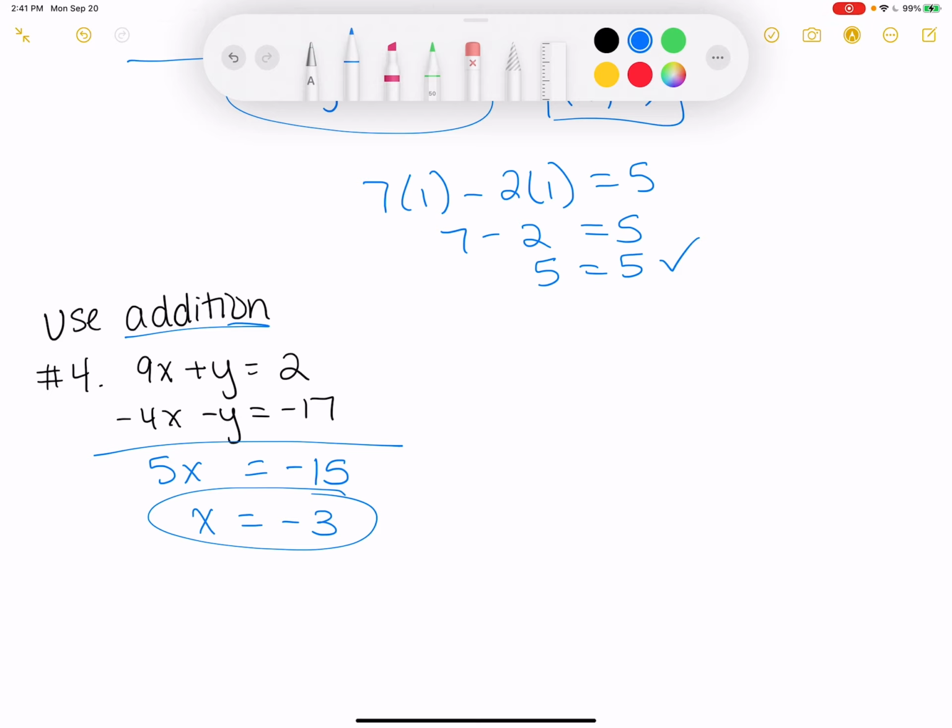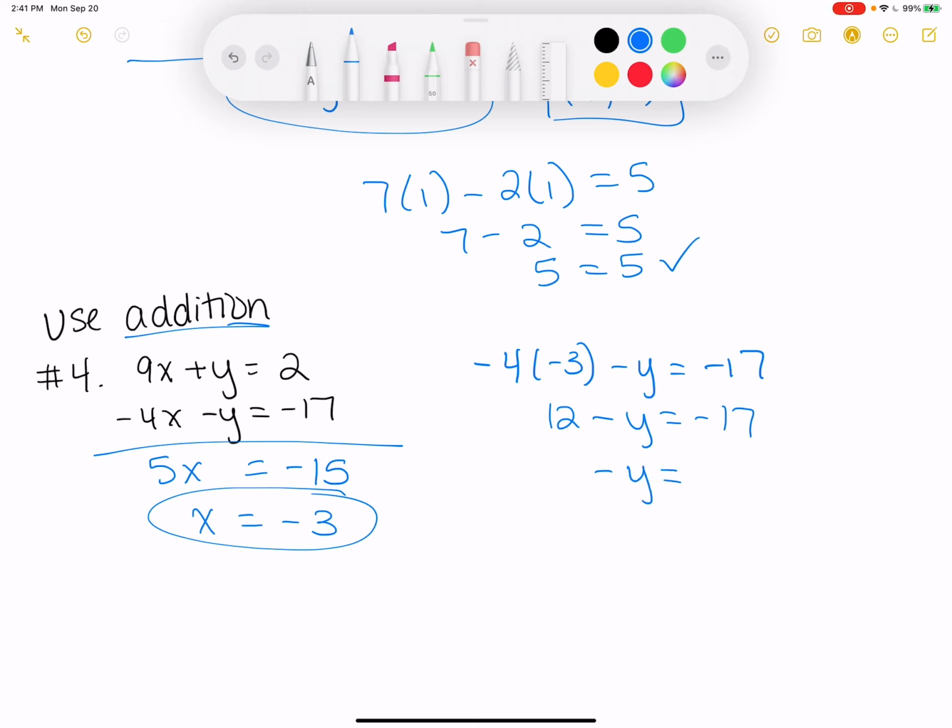And which one do you want me to plug it back into? The bottom one? All right, so negative 4 times negative 3 minus y equals negative 17. So negative 4 times negative 3 is 12, minus y equals negative 17. I'm going to subtract 12.